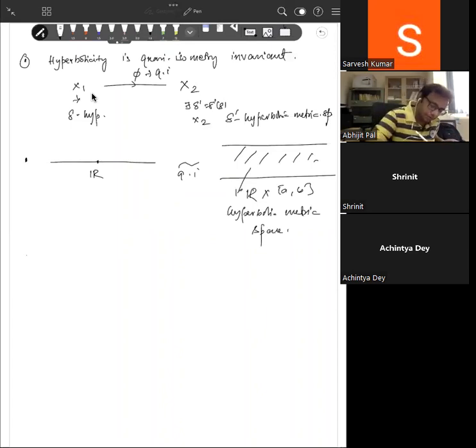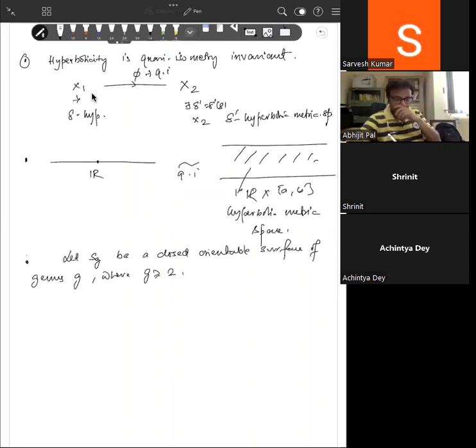Okay, so another example. Let S_G be a closed orientable surface of genus G, where G is greater than or equal to 2. Again, this is a crucial fact.